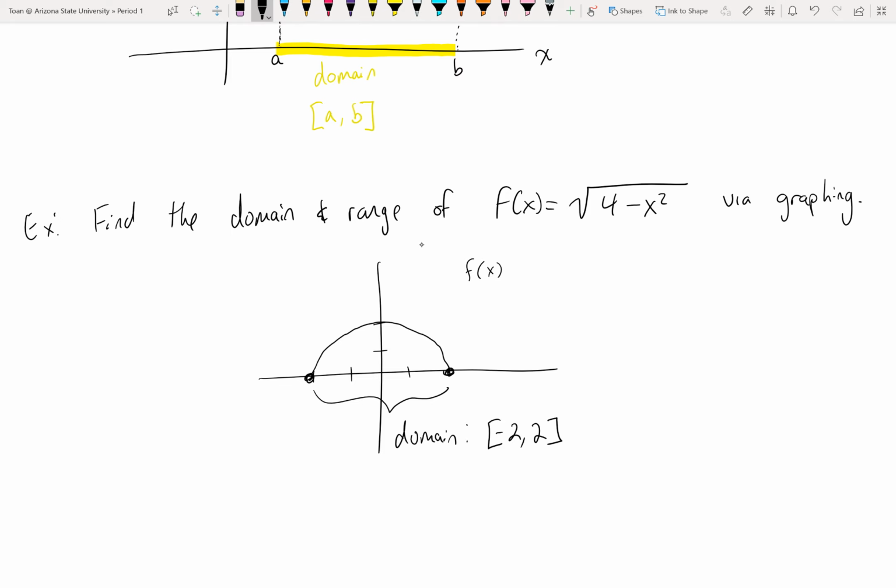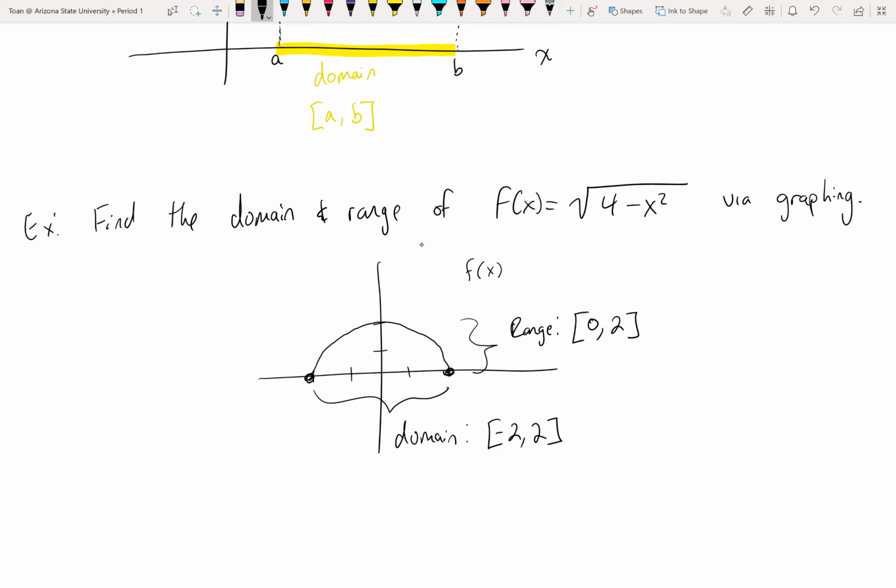All I care about is how tall and how short it goes. So that right there would be the range, which we can see starts at 0 and goes all the way to 2. Easy peasy, right? So a lot of these problems, again, it shouldn't be a lot of work. You just look at the picture and analyze it. Okay? Sweet.